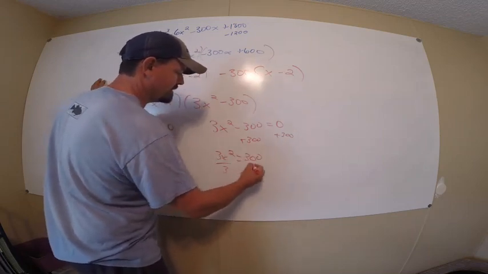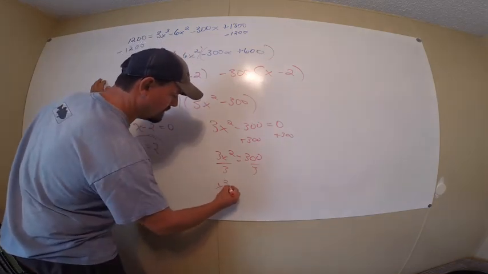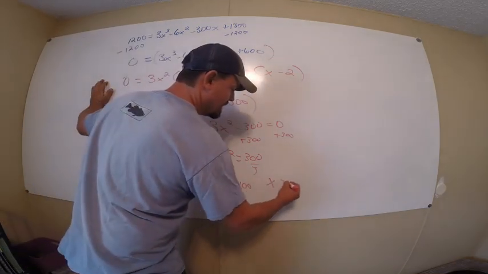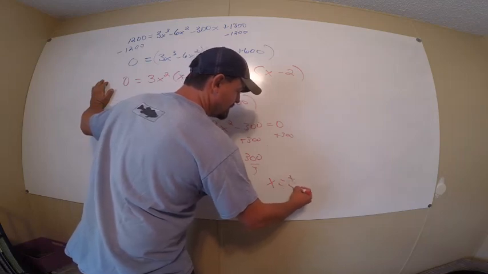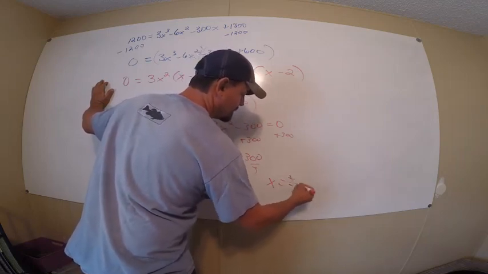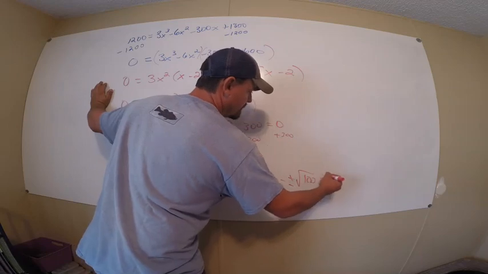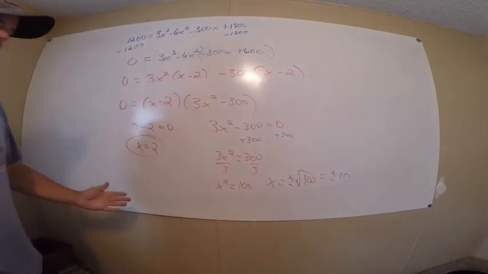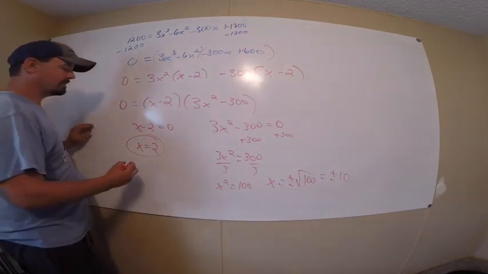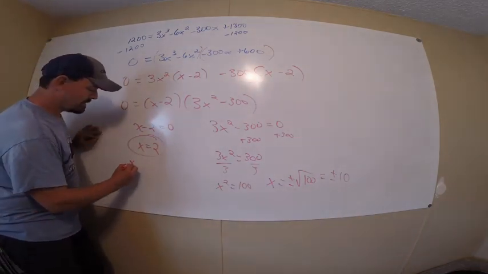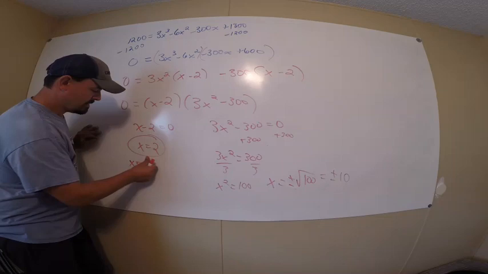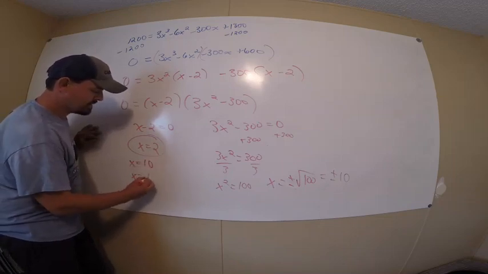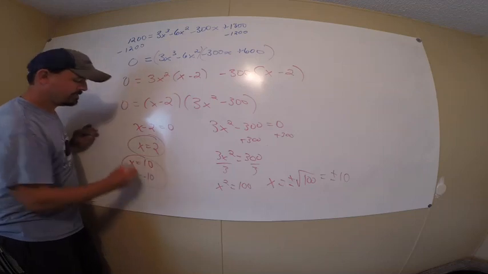Divide by 3. X squared equals 100, right? That means that x equals plus or minus the square root of 100, which is plus or minus 10, right? So we got three answers here. Our three answers are x equals 2, x equals 10, and x equals negative 10, right?